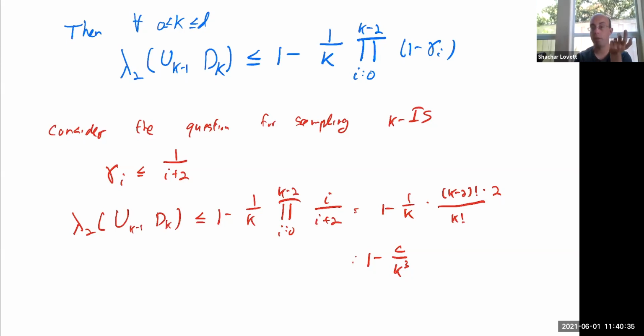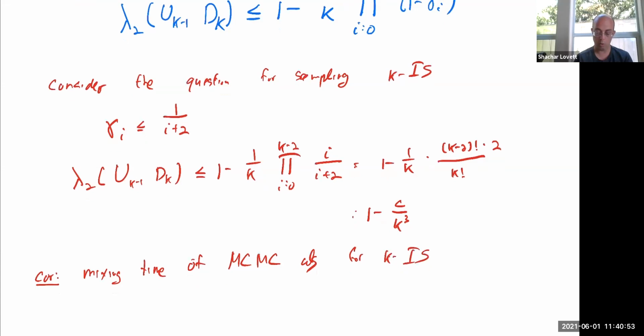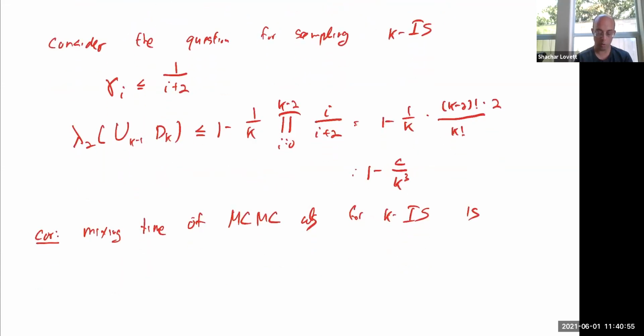So we can sample. This gives us the following corollary. The mixing time of the MC algorithm for k independent set in the regime we talked about is what? Well, we have to pay k cubed, so that after every k cubed steps, lambda 2 becomes a constant. And then it depends logarithmically on the size of the set of objects we care about.